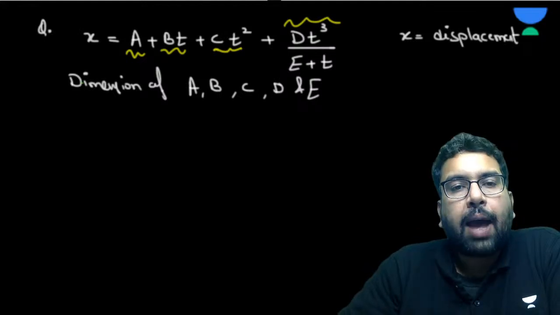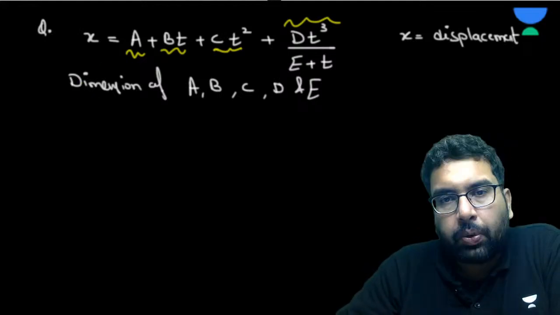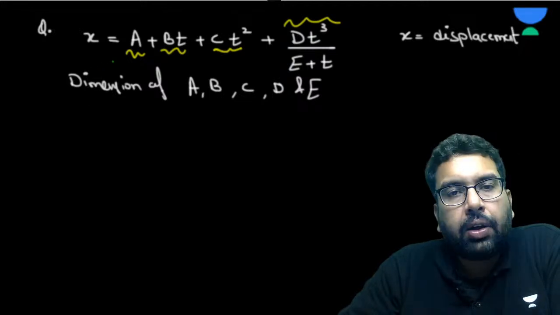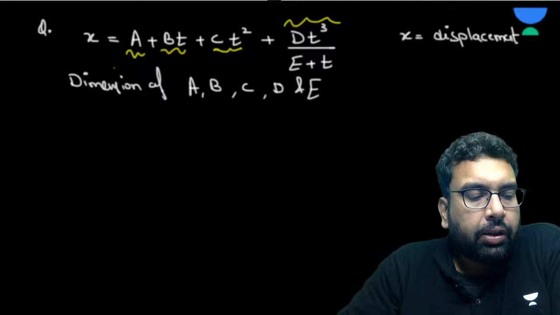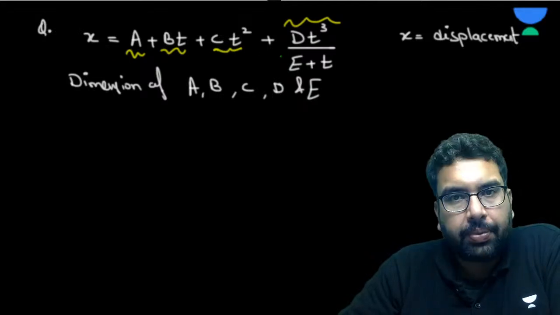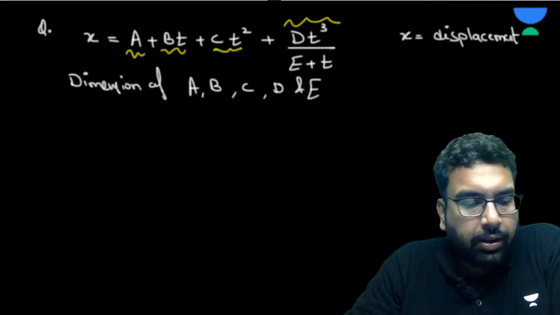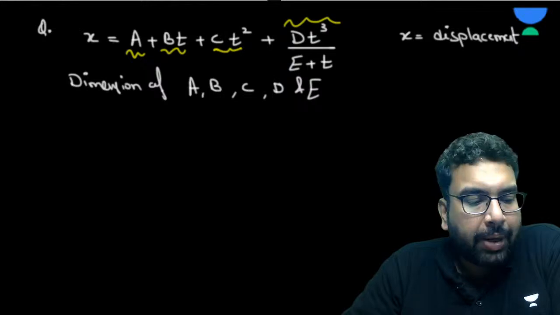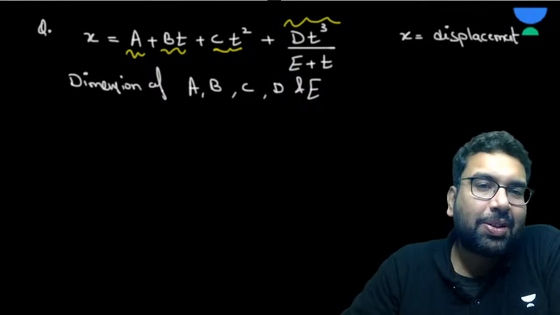So see what happens. Please try to understand this. When we are having an equation like this, that x is equal to a plus bt plus ct square plus dt cube upon e plus t, each of the terms will have the same unit and dimension as the other terms, right? See, if I ask you that can you add 100 rupees with 10 minutes, you would say, sir, what rubbish, isn't it?